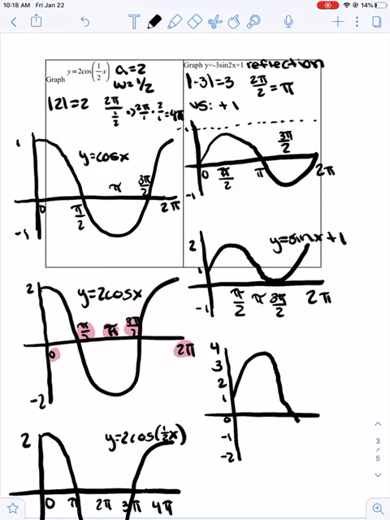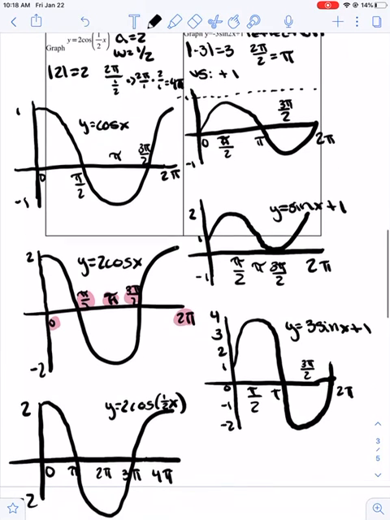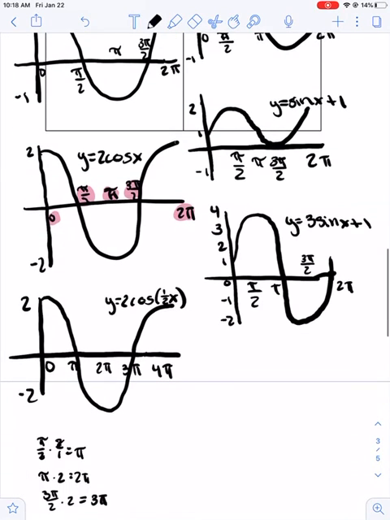So up to 4, and then, whoops, up to 4, down to -2. And then still back up to 1. And then label our points. So 2 pi, then we have 3 pi over 2, pi over 2, and 0. And then this was y equals 3 sine x plus 1.